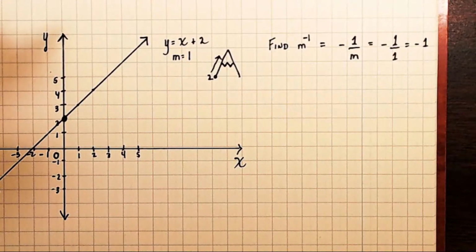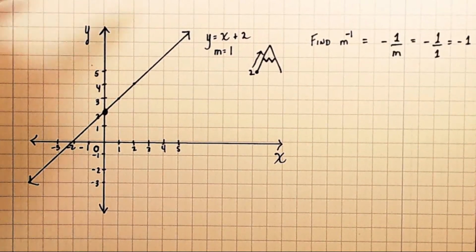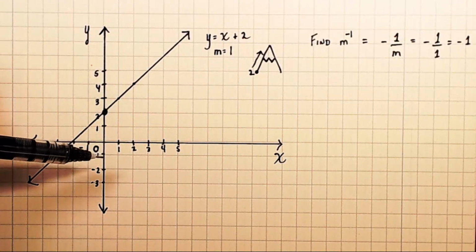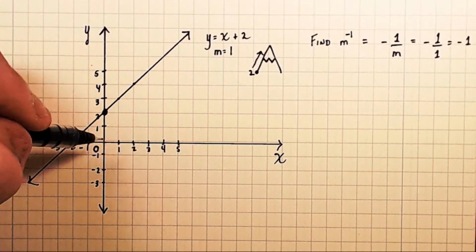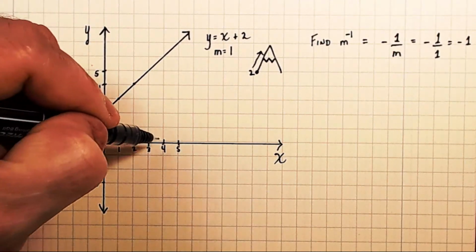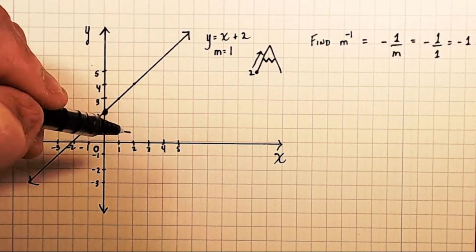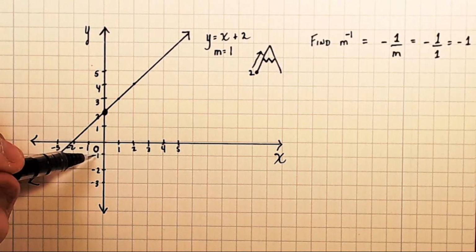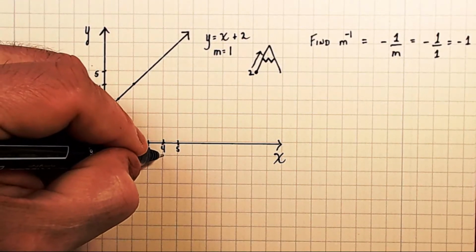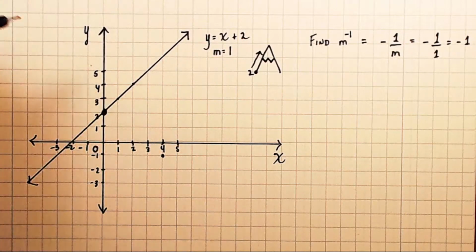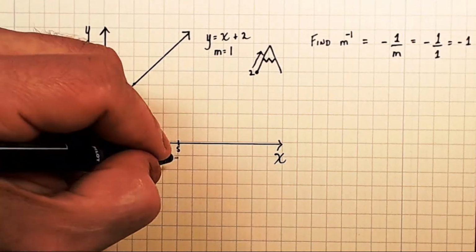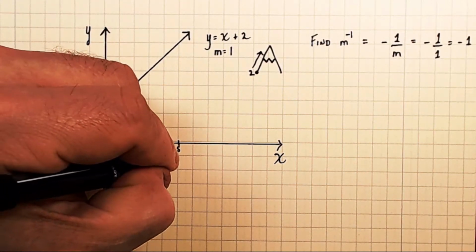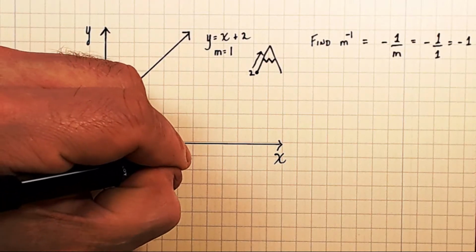So we're plotting 4, -1. Looking at my graph, I know that 4 is the x value, so starting at the origin, I go to 4. And then I go down 1 to get to -1. This is where I have 4, -1, right there. And I'll label that point 4, -1.